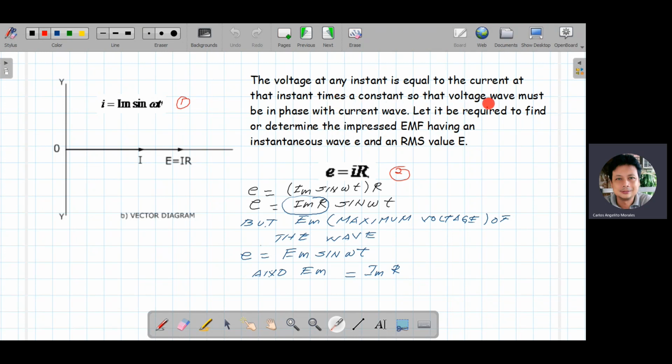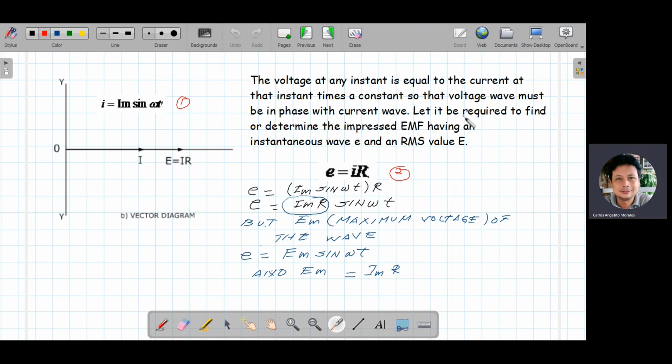So that voltage wave must be in phase with the current wave. So makikita nyo sa phasor diagram natin, mas malaki talaga yung voltage kaysa sa current, no?